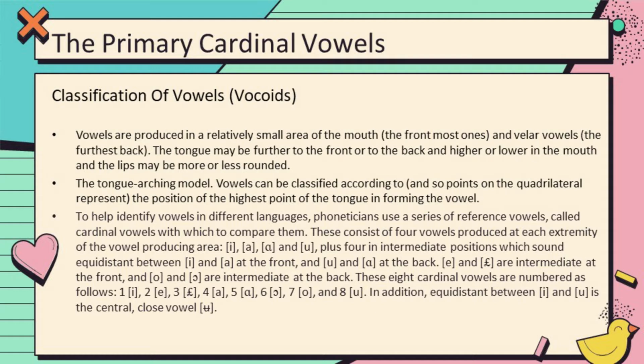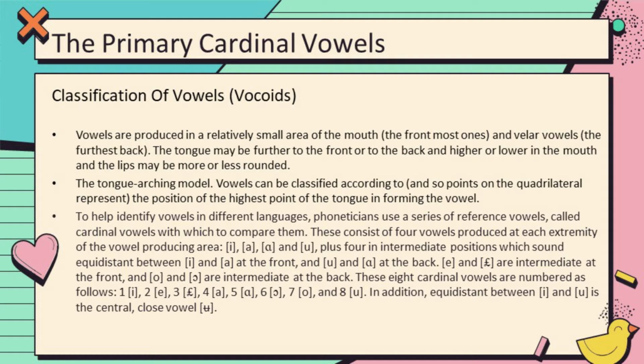To help identify vowels in different languages, phoneticians use a series of reference vowels called cardinal vowels with which to compare them. These consist of 4 vowels produced at each extremity of the vowel producing area.